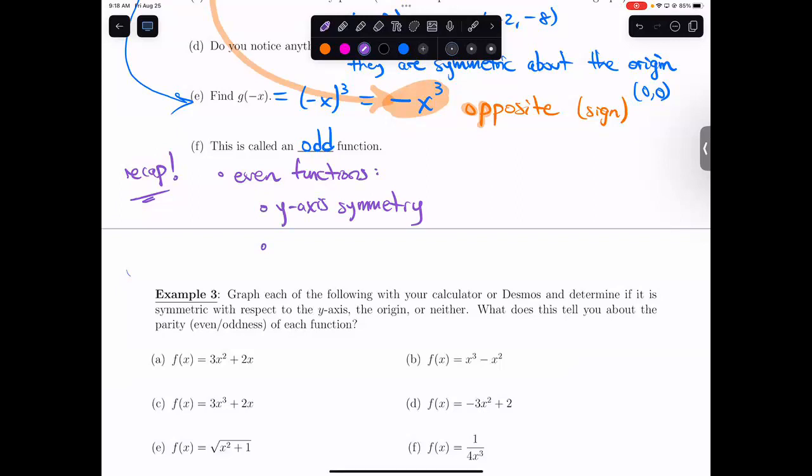And for any even function, if I flip the sign on the input, on the x value, what that does is a y-axis reflection. We'll look some more at that next week. But if I flip the sign on the thing going in and get the same result back, like all the negatives go away somehow, they cancel out, I get back a thing that's identical to what we started with. That means that it's an even function.